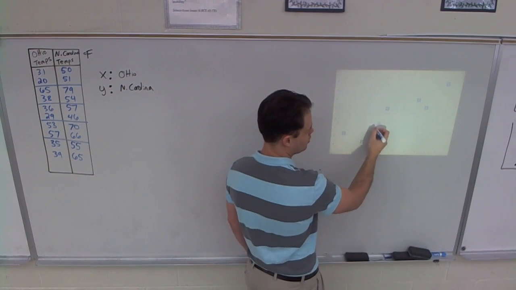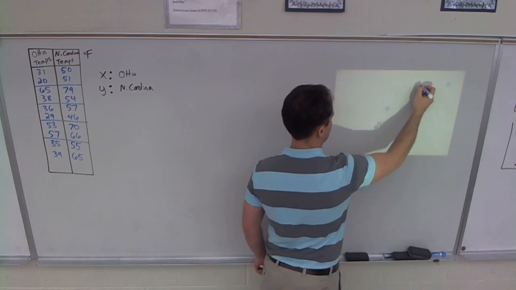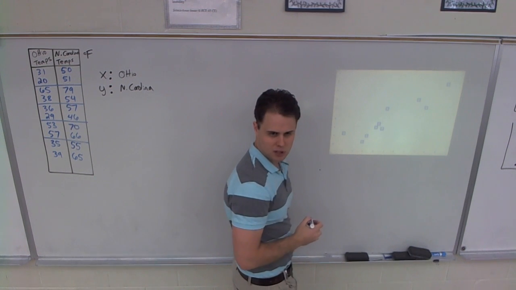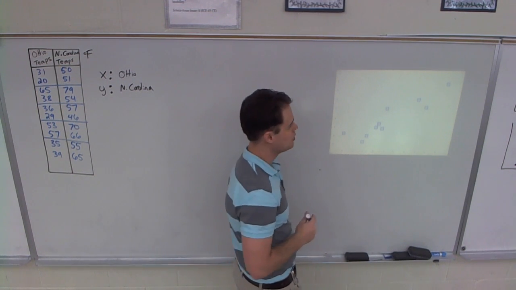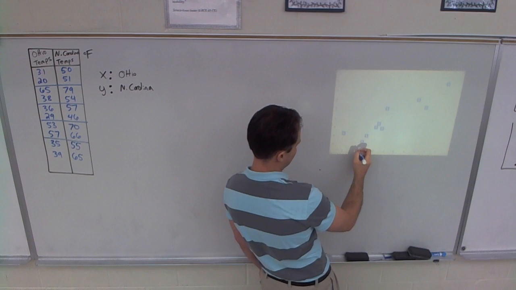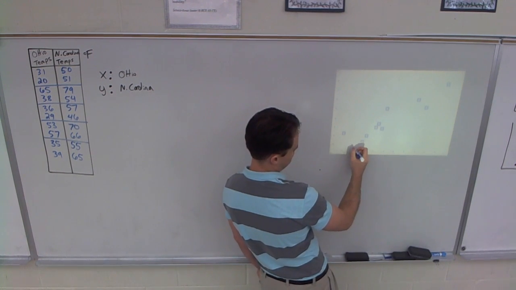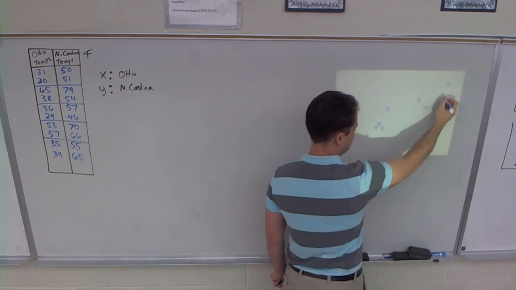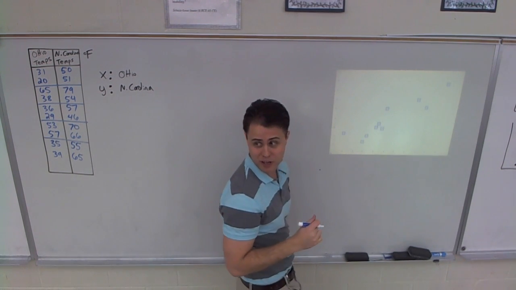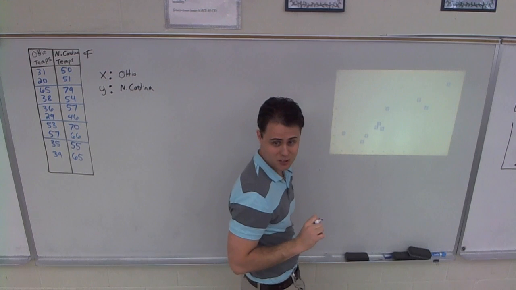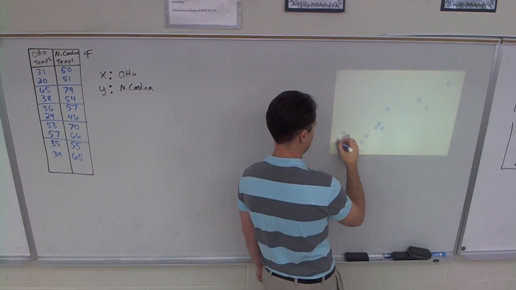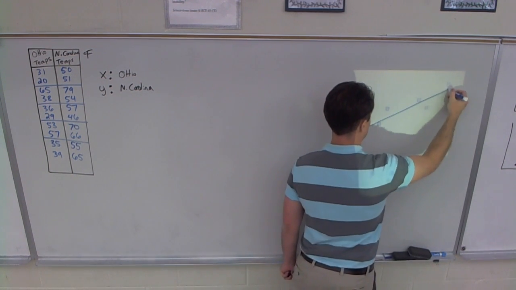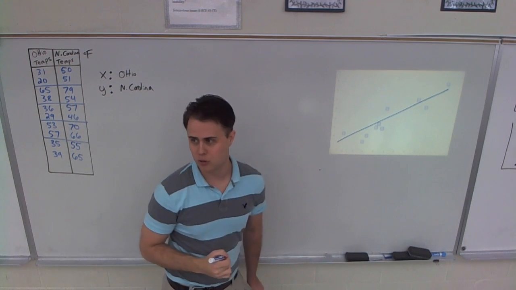There's a lot of points in a row right here, but if I go like this, it's going to be a little too steep, isn't it? I've got to get all the trend in there. So I think something, you guys tell me if I'm thinking right, maybe like this? Yeah. It's not going to be perfect. We'll see how good a job we do when we create the optimal model with the calculator in a second. So I'm going to say something like this, trying to be straight. Use a ruler though when you're doing your assignment.